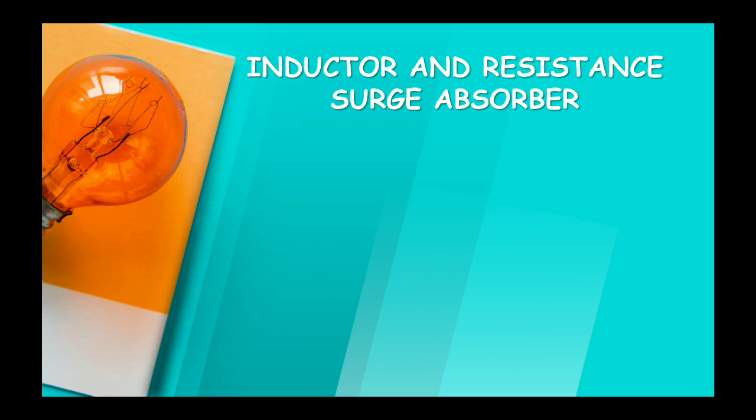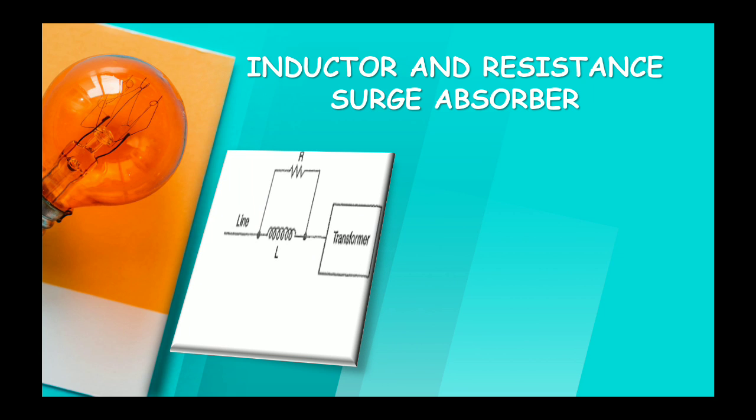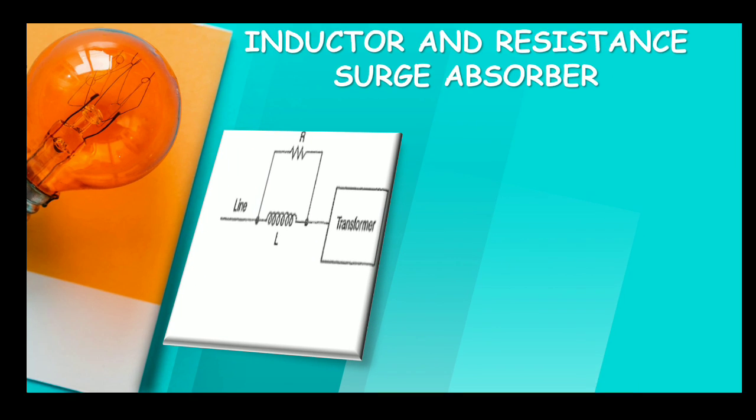Now the next one is the inductor and resistance surge absorber. Here you can see the circuit diagram: a resistance and an inductance, or inductor. These two are connected in parallel with each other, and this is connected with a transformer and the main line.